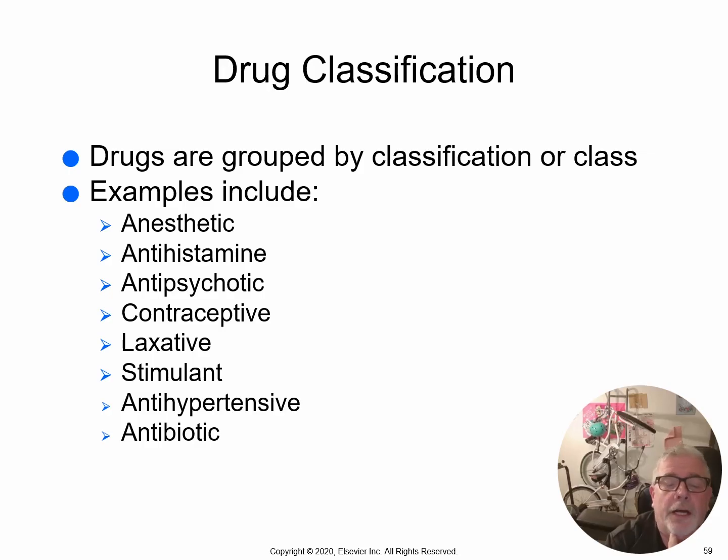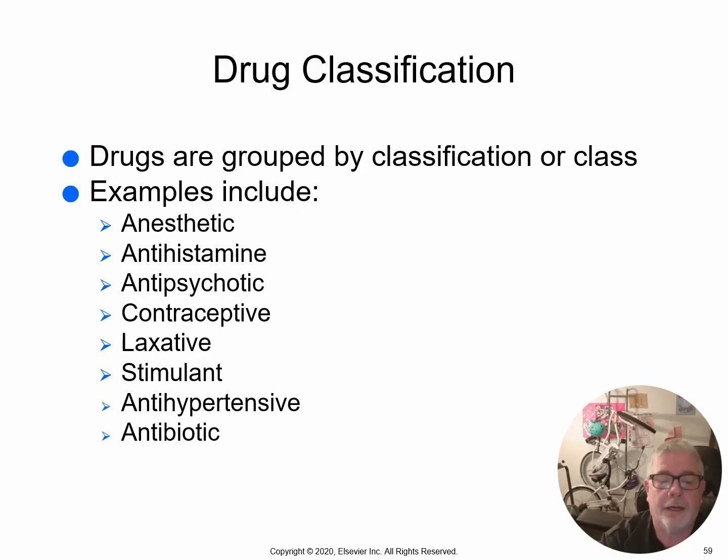An antipsychotic is a medication meant for mental health problems to prevent the onset of psychosis or loss of touch with reality. Contraceptives, as we said, are meant to prevent pregnancy. Laxatives help facilitate bowel movements. A stimulant, for whatever reason, helps amp up primarily the sympathetic nervous system to raise awareness, keep attentiveness and wakefulness, just to name a few.